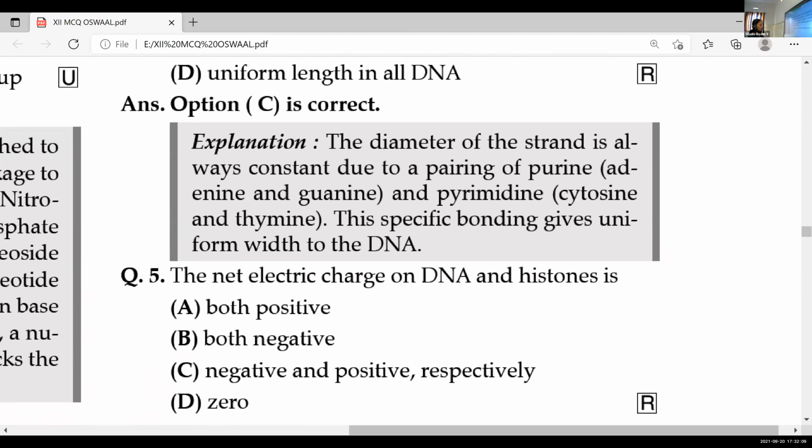And histones, what are histones? Positively charged proteins. So negative and positive respectively. DNA is negative and histones are positively charged proteins.